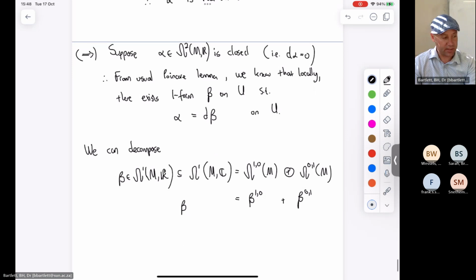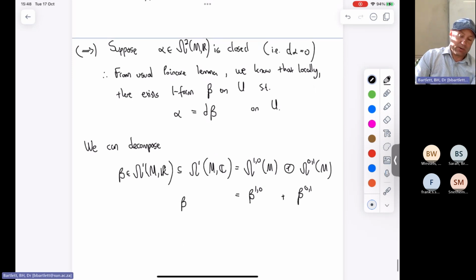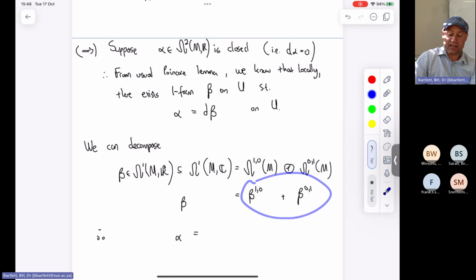Okay. So what do I know? I know that alpha equals d beta. So that means that alpha is d of this thing, and d is del plus del bar.